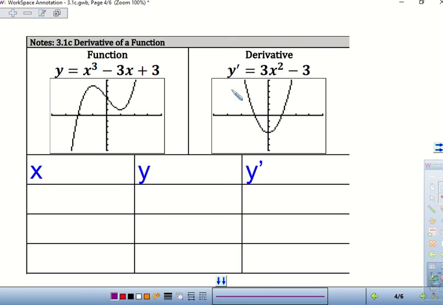Which means its derivative is going to go down 1 degree, so it's going to be quadratic. We already knew that going into it because we know it always drops a degree. Looking at this, we're going to analyze some points so you have a better understanding of how one relates to the other. I'm going to pick -1, 0, and 1.